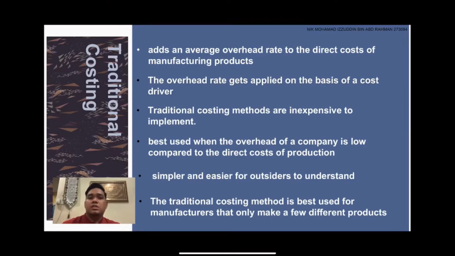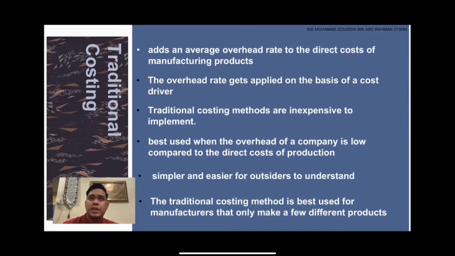Traditional costing is best used when the overhead of a company is low compared to the direct cost of production. It gives reasonably accurate cost figures when the production volume is large, and changes in overhead costs do not create a substantial difference when calculating the cost of production.